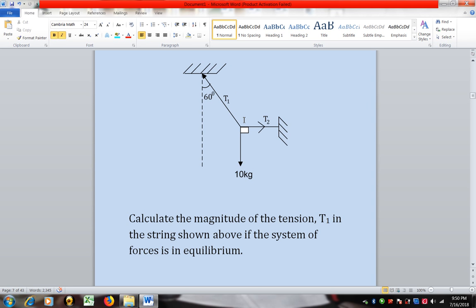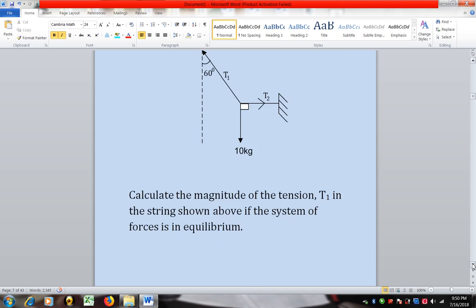So we need to balance the vertical forces. T1 is acting upward and the weight of the body is acting downward. So we need to balance them by equating the vertical component of T1 to what? To the weight of the body which is acting downward.